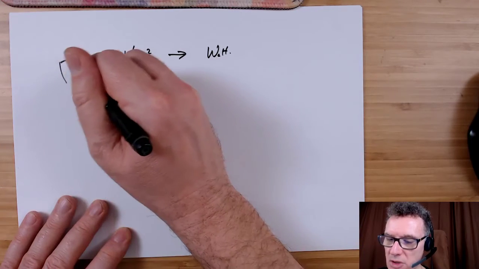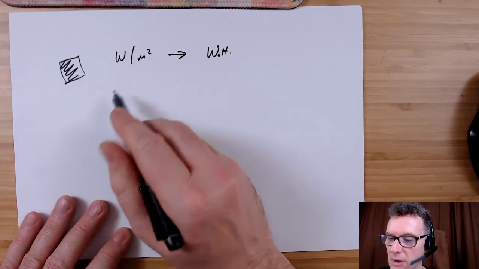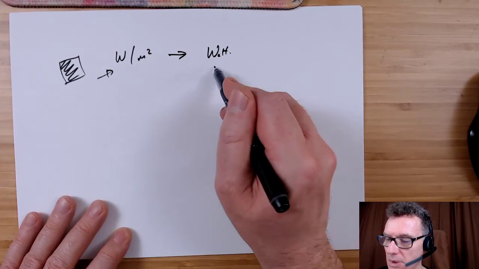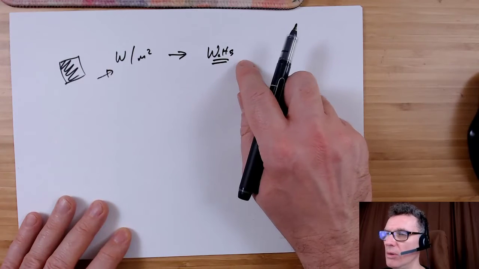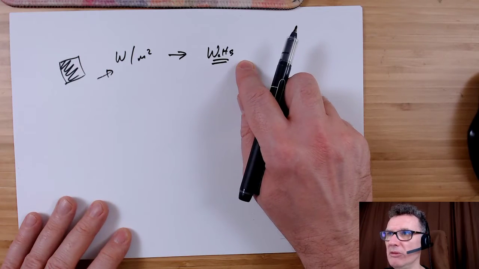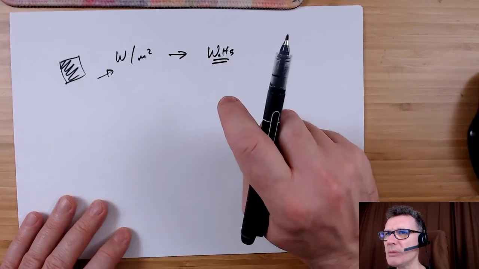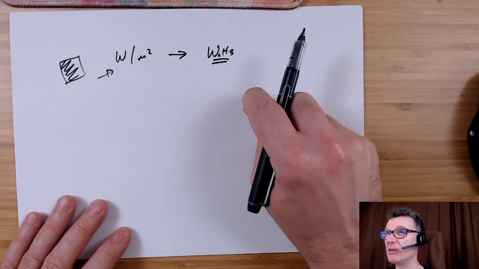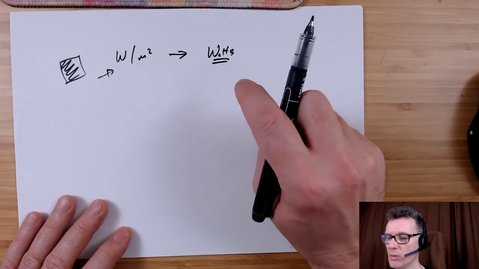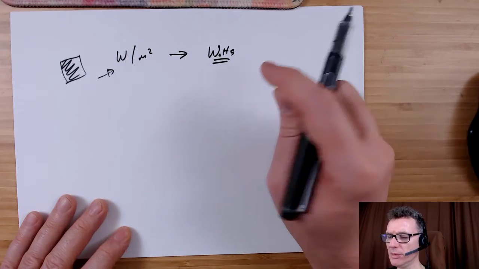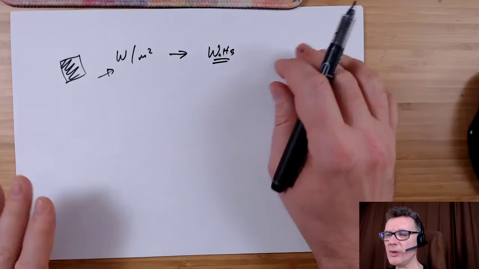So find your area, multiply it by this number, and then find how many watts we're dealing with. So that's my starting point. That's the kind of wattage that I'm looking for.